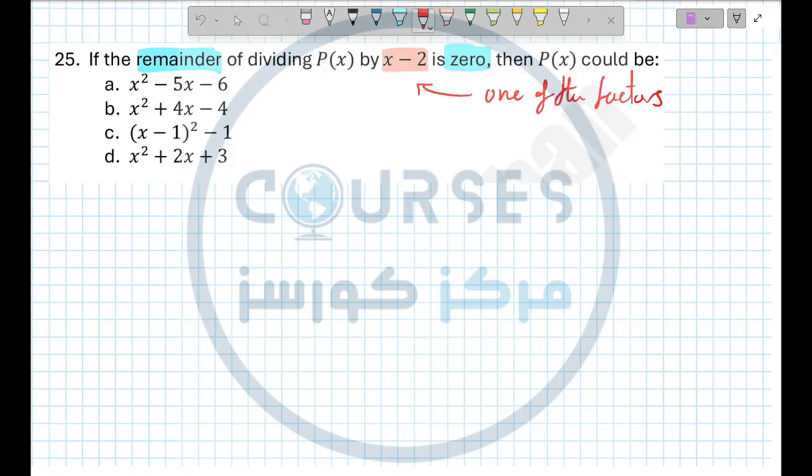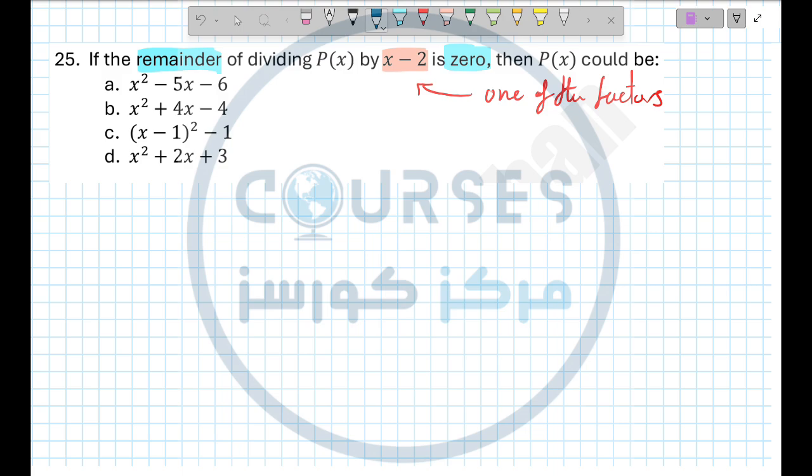Okay. One more thing, an easier way. If x minus 2 is a factor, then it means we can get a 0 from there. For those who remember in pre-cal, if x minus 2 is a factor, the remainder is 0.